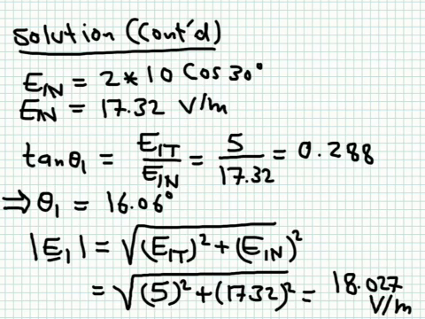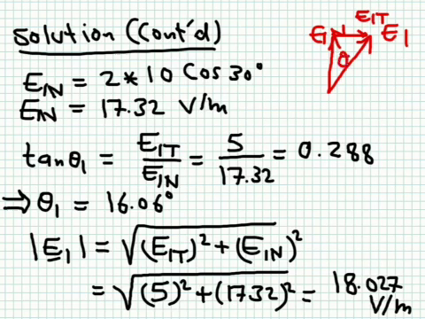So now we have the vector E1, its normal component E1 normal, and its tangential component E1 tangential. We want to get this angle theta here. Of course, we can get this angle theta because E1 normal is equal to E1 cosine theta 1, and E1 tangential is equal to E1 sine theta 1.